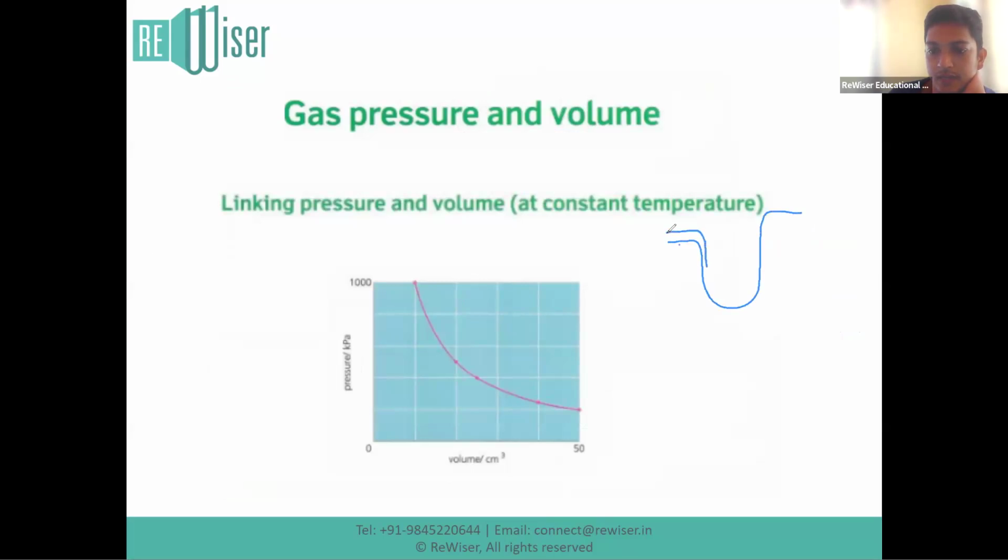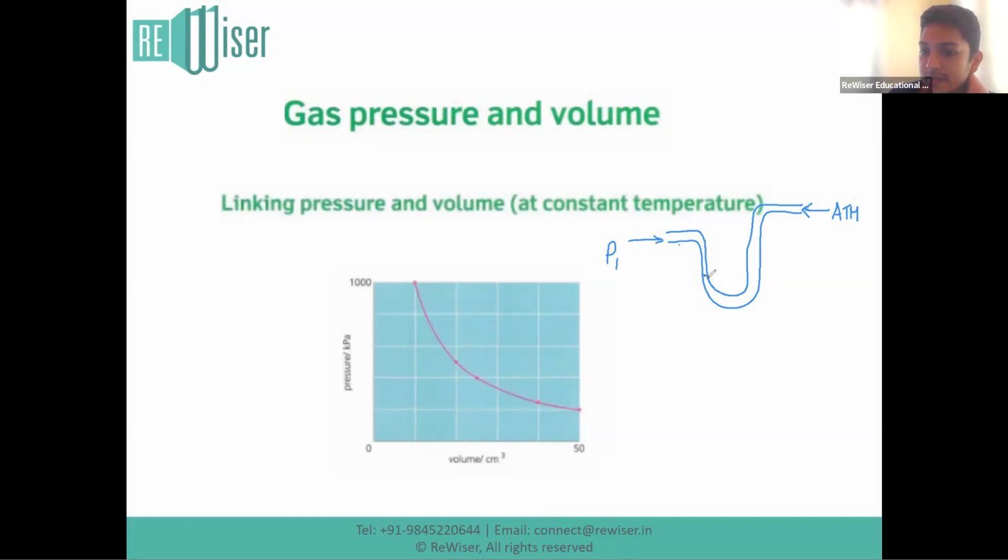So a simple manometer looks like this. As shown, there are two inputs. Usually this input is the atmospheric pressure. And here is the input, let's say P1, the pressure that needs to be measured. So this column is filled with usually mercury or any other liquid.